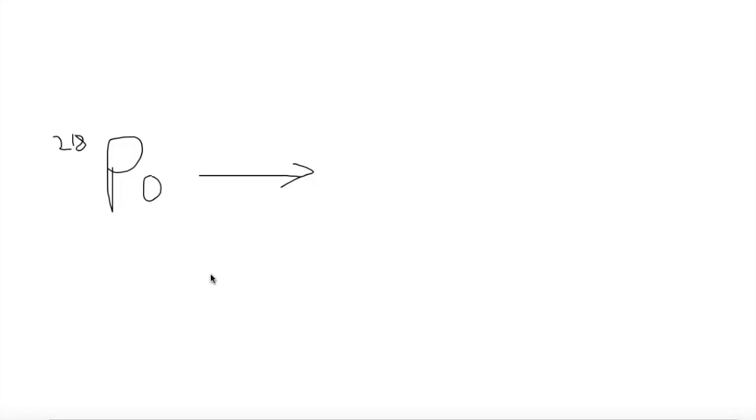So we're actually going to take a look at the alpha decay for polonium. So this is the alpha decay equation we're provided with, and since it's alpha decay, we know that the helium nucleus is going to be produced, so we can write that as represented by this.